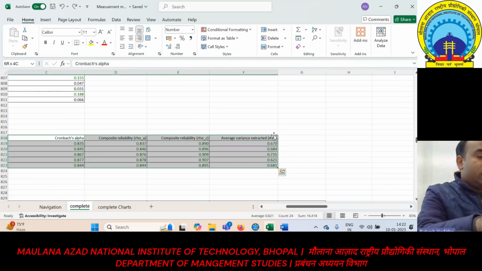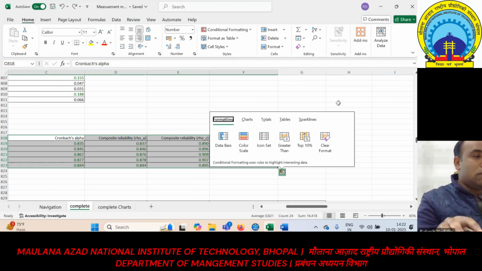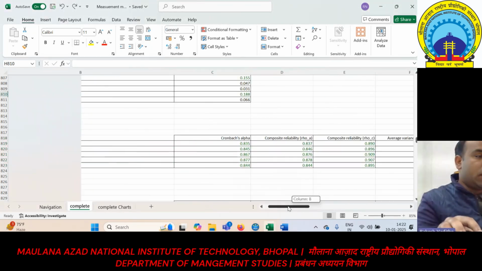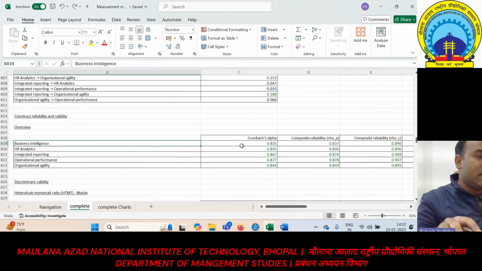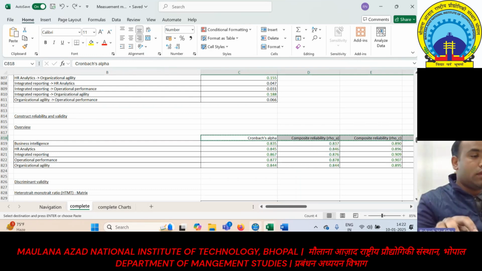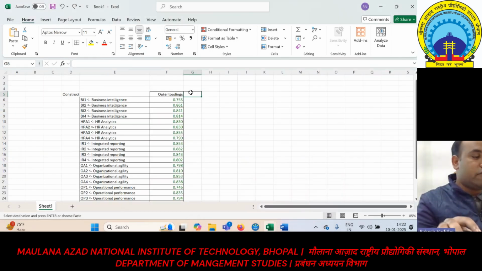Then select that one. Here you can observe for business intelligence, Cronbach's alpha value is 0.83. You copy that one, and paste here in that tables Excel sheet we have made.